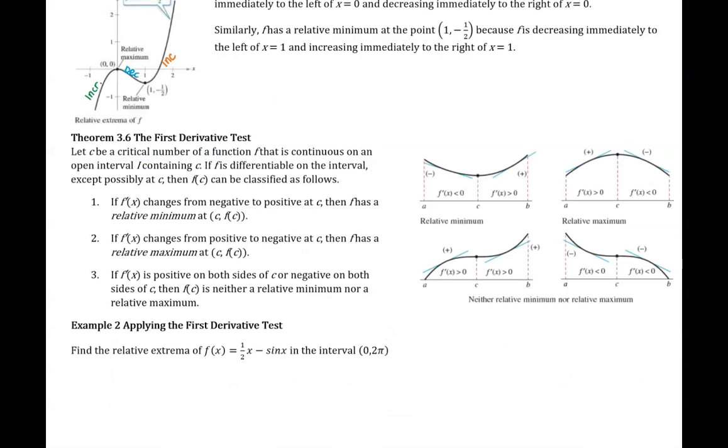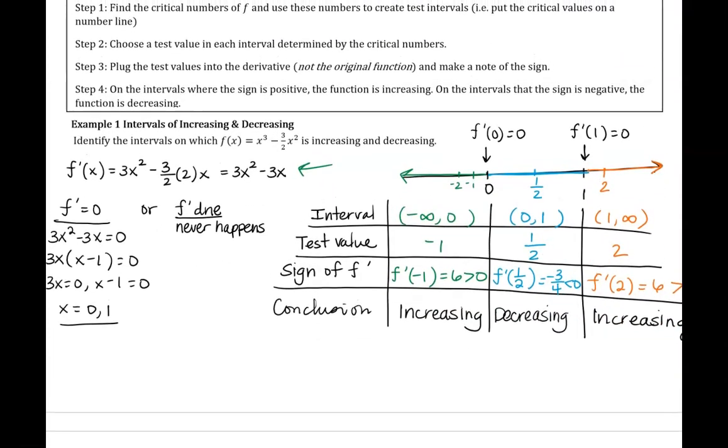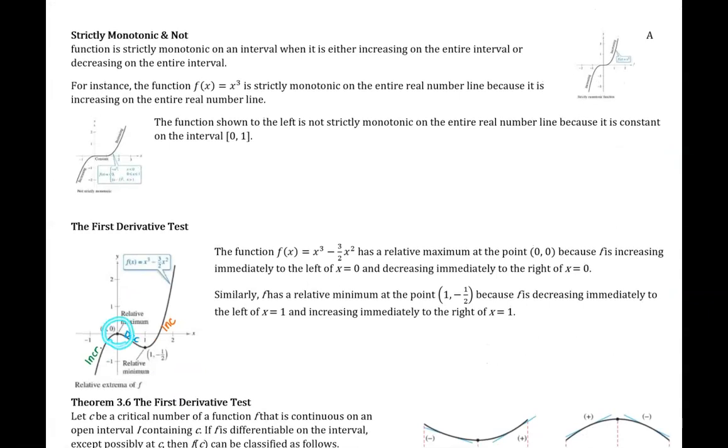So if you have critical numbers and you run through this process where you see this change in sign of the derivative, it goes from a positive derivative, hits a critical number, and then changes to a negative derivative, that must mean that you have a relative maximum.